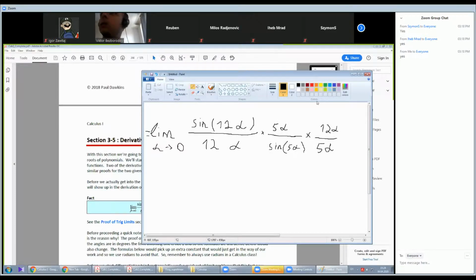And here, of course, we can cancel alpha, and what we are left with is just 12 over 5. This is going to be the answer. So I hope this is clear.